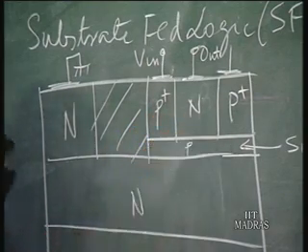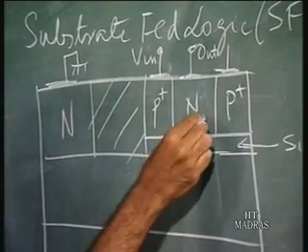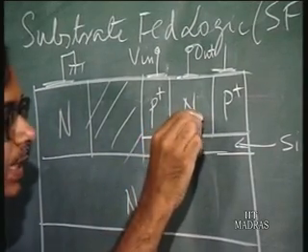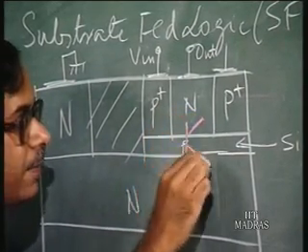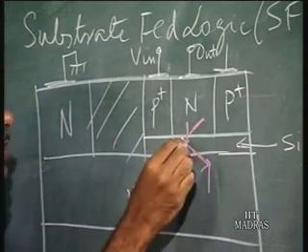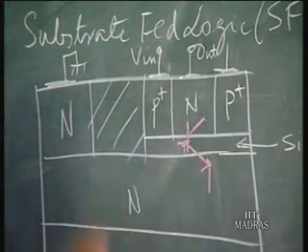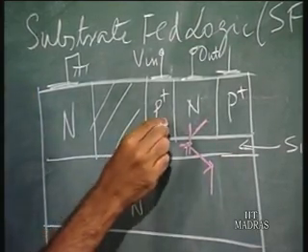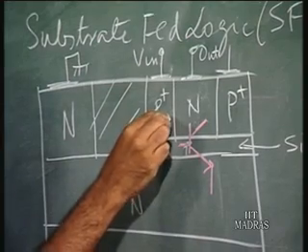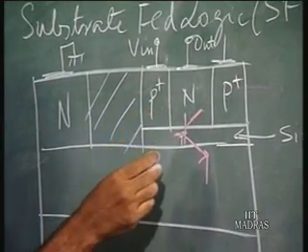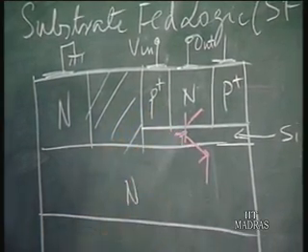So I can put it this way: this is the collector of the NPN, this is the base of the NPN transistor, and you have a PNP here. So this is also P type.